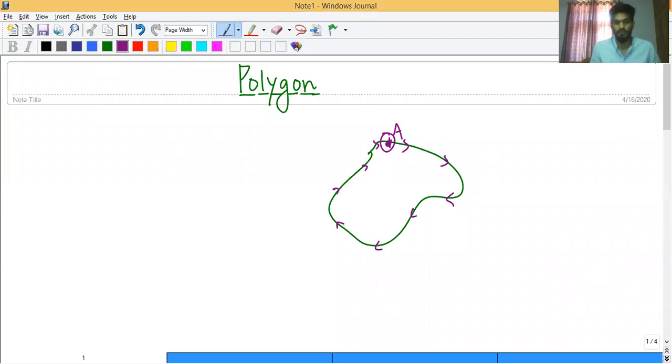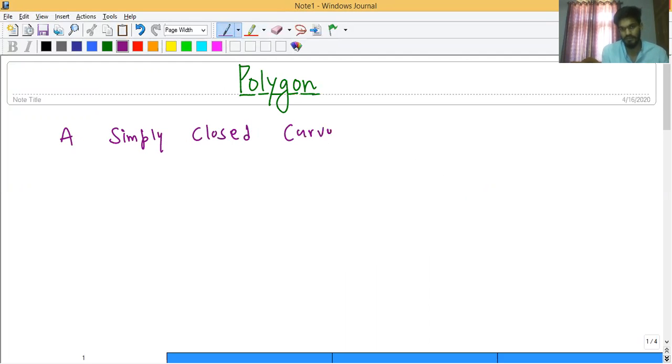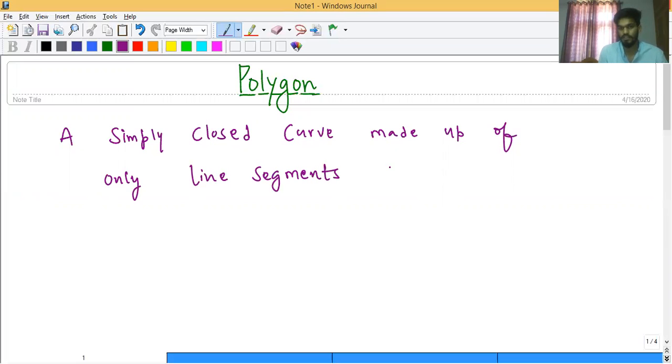Okay. When we talk about polygon, what exactly polygon is? So polygon is a simply closed curve made up of only line segments is known as polygon.